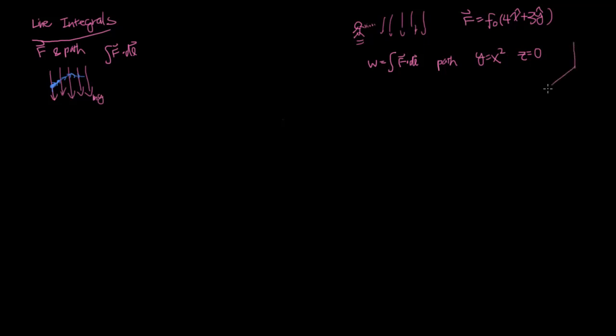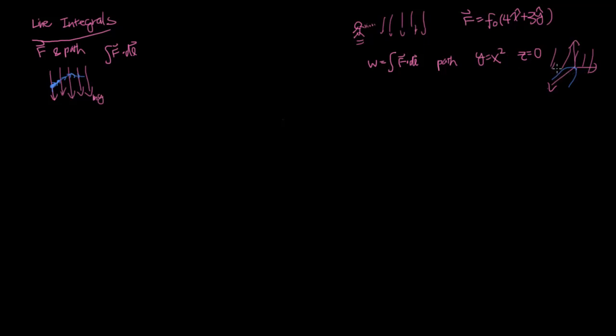So in three-dimensional space, what that means is you have this force that's taking place here, and you are moving an object along y equals x squared, and z equals 0. So y equals x squared is going to be a parabola along the x-axis, and z equals 0 is going to be on the xy plane.